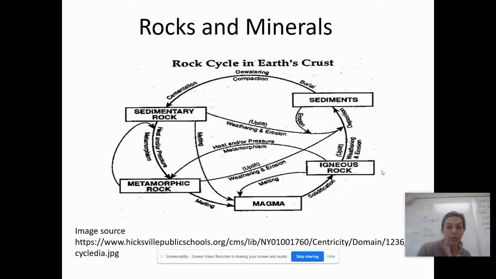But we are moving on to minerals and rocks as well. But first, we're just going to focus on minerals and mineral identification. I want to go over some of your learning goals for this unit.